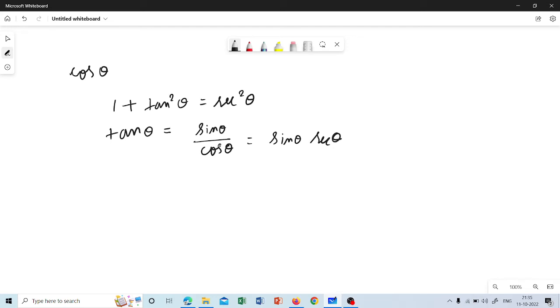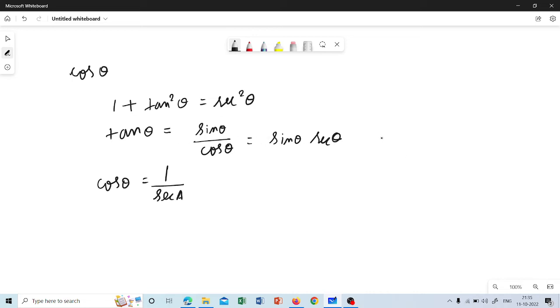But now again this process is not required. You may have already guessed it, right? Because without using all these things, we know the result directly: cos theta is equal to 1 by secant theta. You can try doing this using another identity, but I am not going to do it.